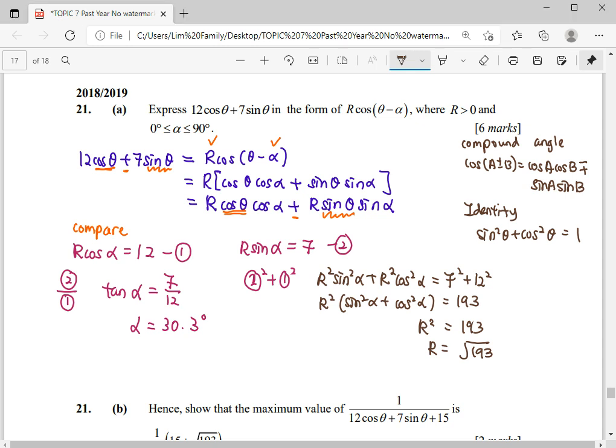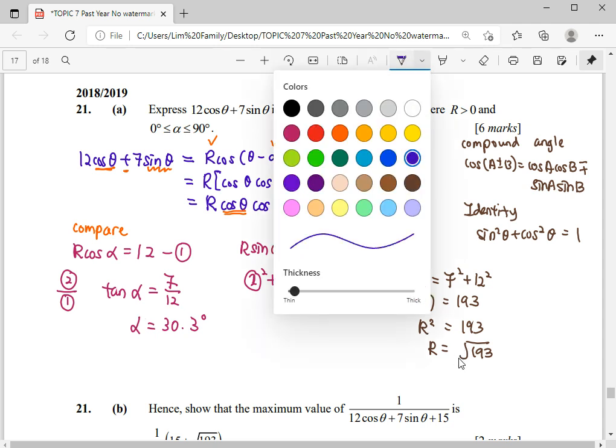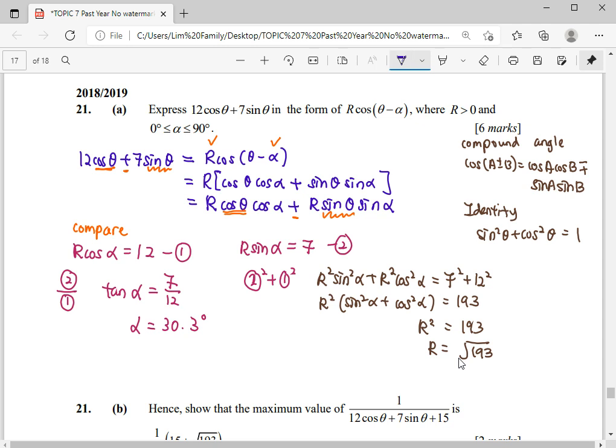Okay, then continue. After we get our constant alpha and r, then we can express back our trigonometry expression here, where 12 cos theta plus 7 sine theta will equal our r. Our r here is square root 193.